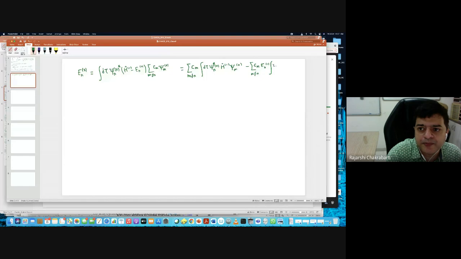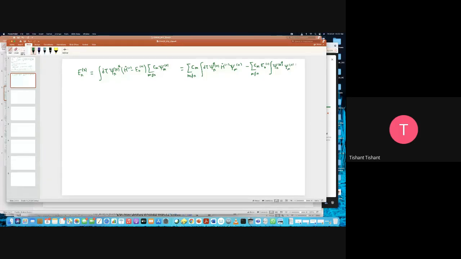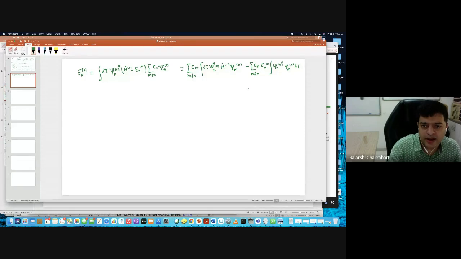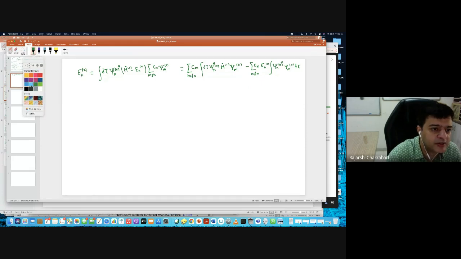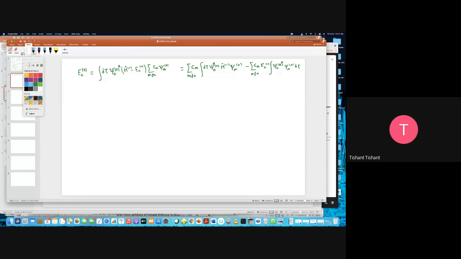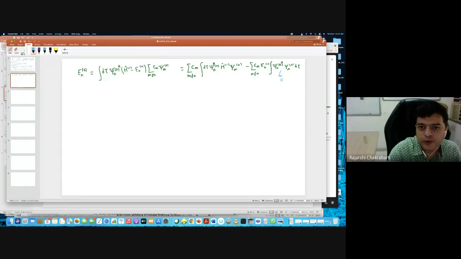The integral is psi n0 star psi m0. This is fine, I think, because my handwriting could be bad, but more or less you understand what I have written here, isn't it? What about this guy? The second term. Somebody already said what is the value. 0. This is 0.